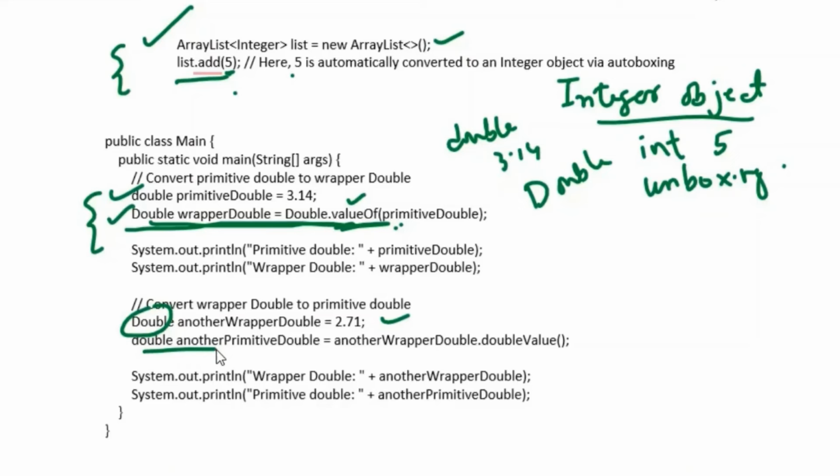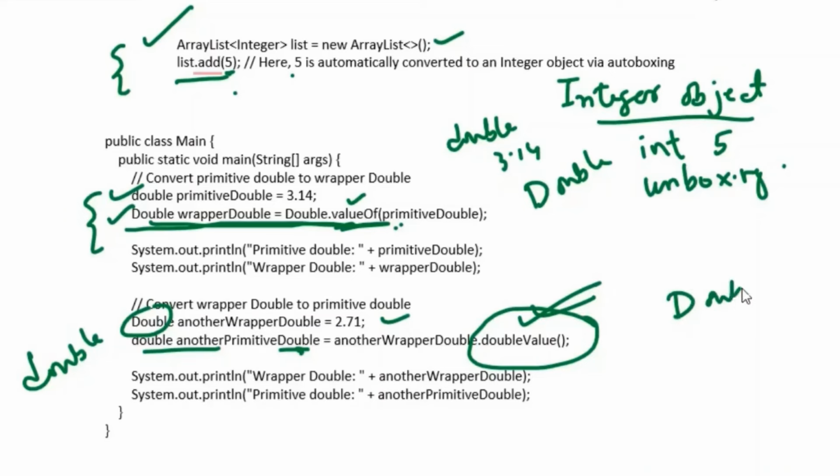This line converts the wrapper Double value, that is 2.71, to a primitive double value using the doubleValue method of the Double class. So remember, this doubleValue method is coming from the class that is Double.